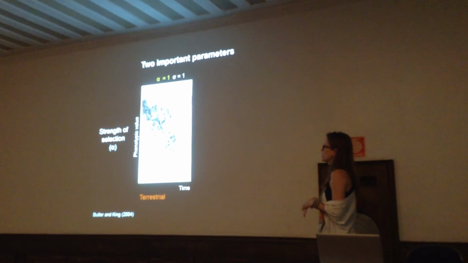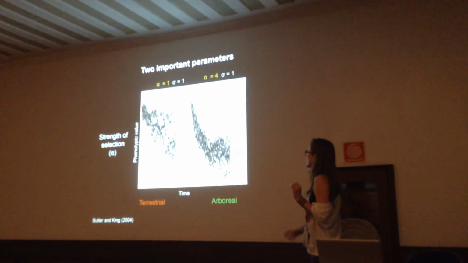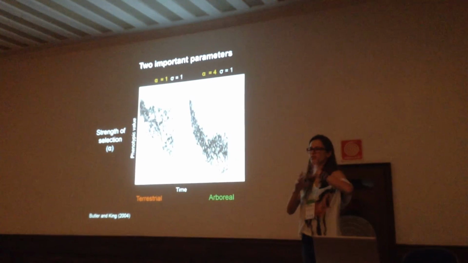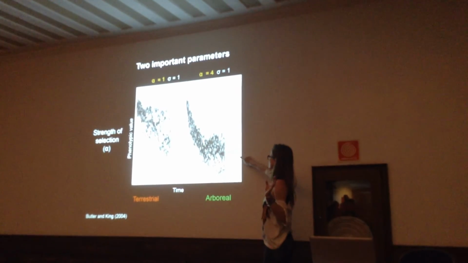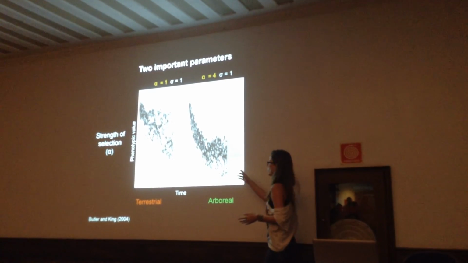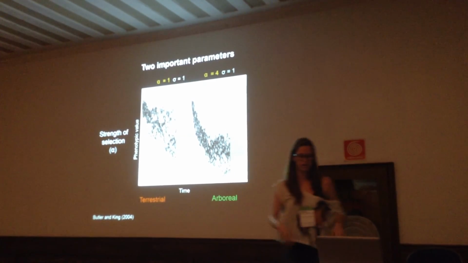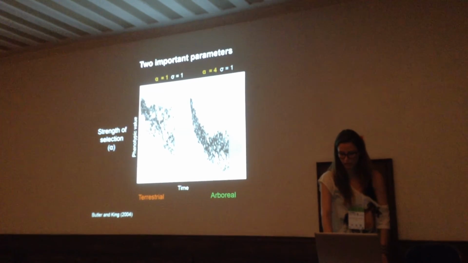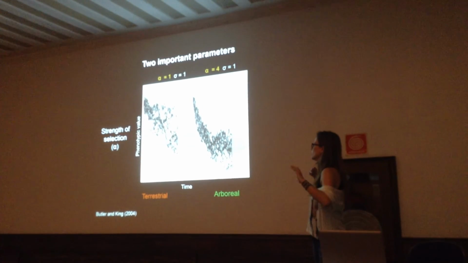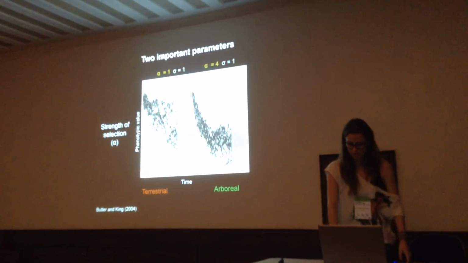Here, once the trait starts evolving from a value different from the optimum, it rapidly achieves the optimal value. This does not happen in this situation here. It takes more time to achieve the optimal value. So we expect that these two parameters will give us indications of the different evolutionary trajectories the body size will have in the different habitats.